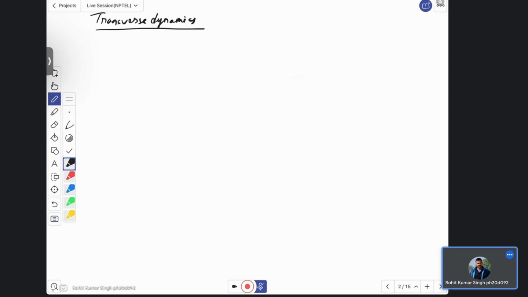What happens is, suppose a beam is moving in the z direction with a vz velocity.